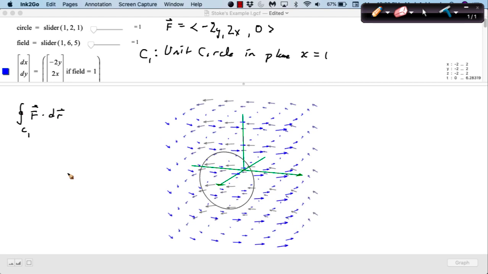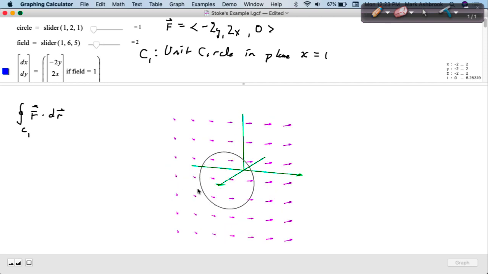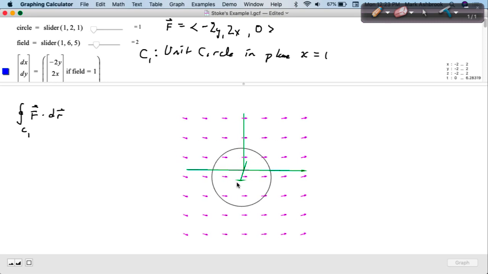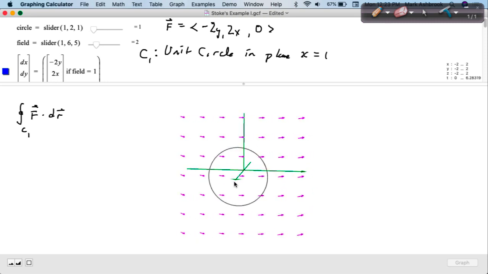So what vectors do I care about then if I want to do that line integral in space? Okay, the vectors in the plane x equals 1. All of the vectors in the plane x equals 1? Yeah, so I'll show just the vectors in the plane x equals 1. But even so, I still only care about what?